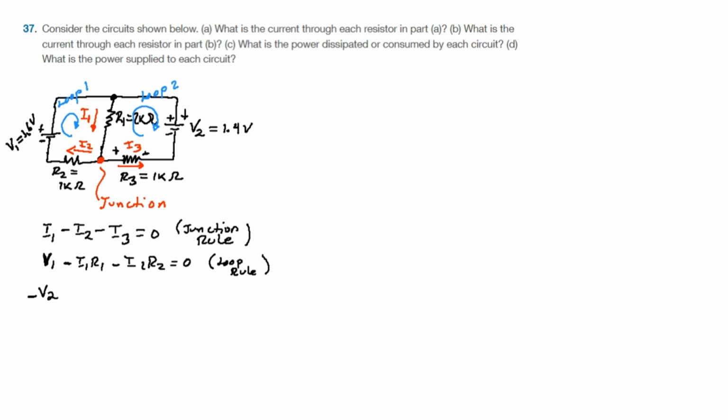So I say plus I3R3, and then when I pass through R1, again I pass against the direction of the current I sub 1, so I have plus I1 R sub 1. And this is another loop.